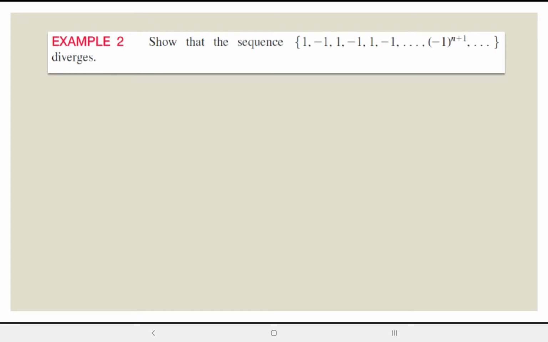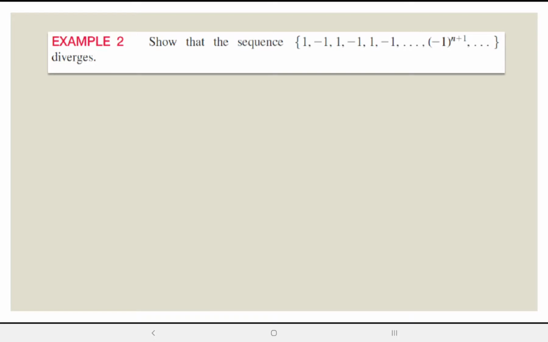Next one. How do we show that this one is divergent? So, sabi natin divergent siya pag wala tayong makuhang epsilon, right? How do we show that wala tayong makuhang epsilon? Parang medyo obvious naman na, no? Pero sige, let's try.